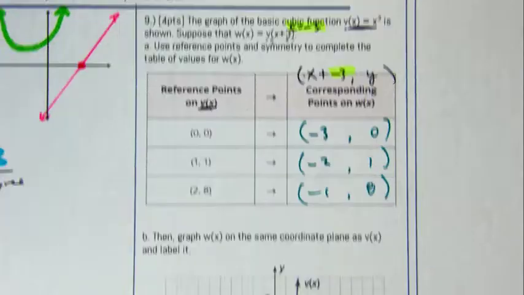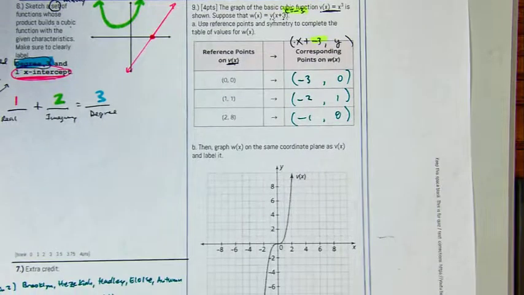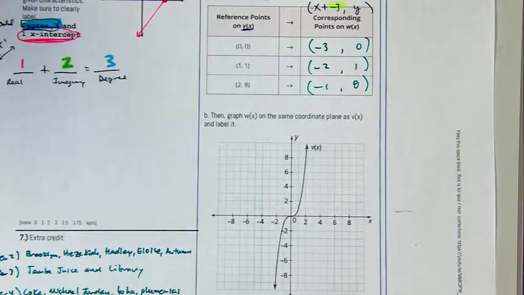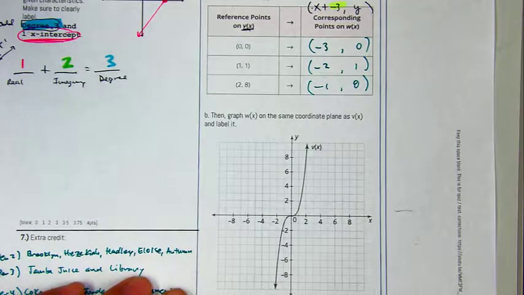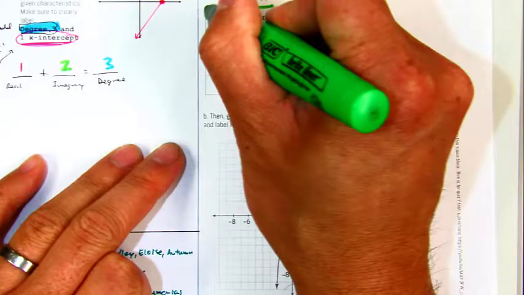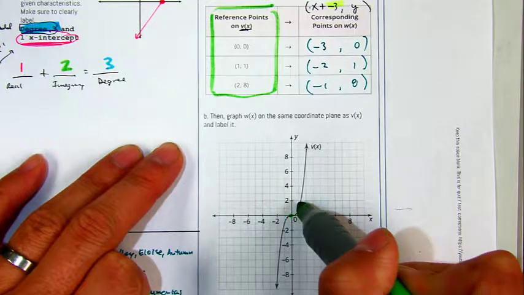Let's go ahead and graph those on the next part. See how that relates to each other. Let's try to make a visual. This is the original function in green: 0, 0, 1, 1, right 2, up 8.